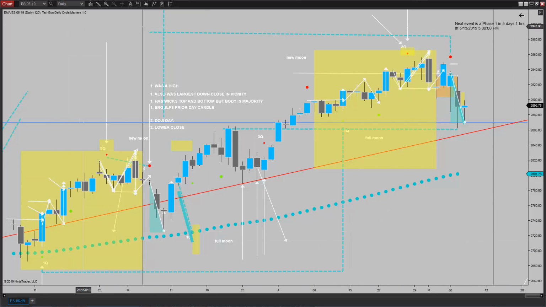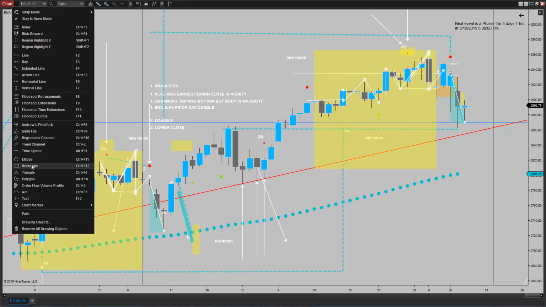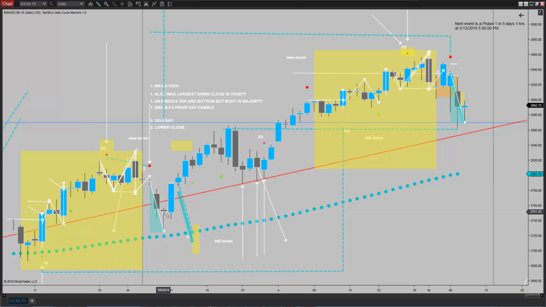So looking at this chart, we see that the very next day pulls down about a third into the prior day before closing almost identically to the high, or rather the doji of the new moon phase.